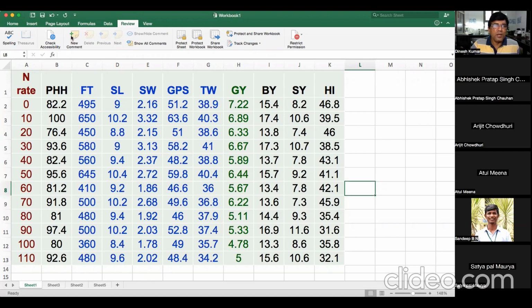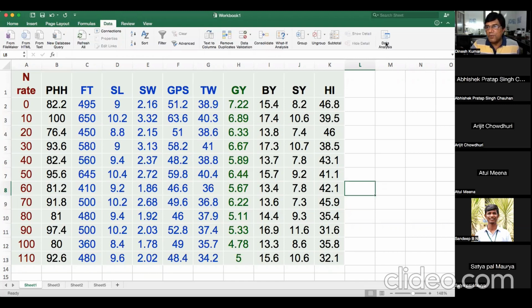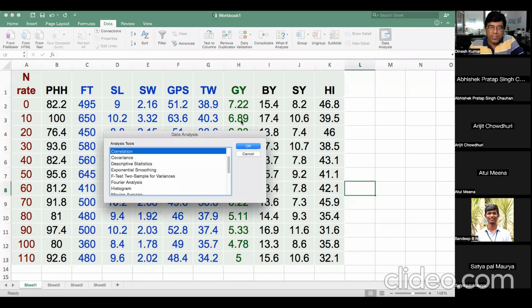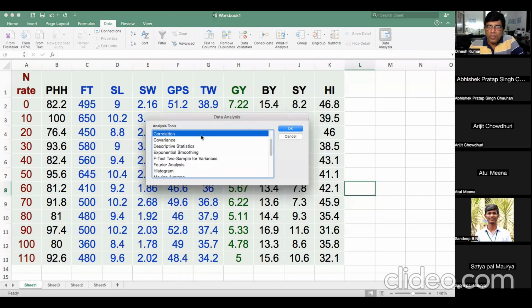You go to Data, and in Data you will find Data Analysis. Can you see Data Analysis, Atul? Okay, I click here, and on click you can see correlation.